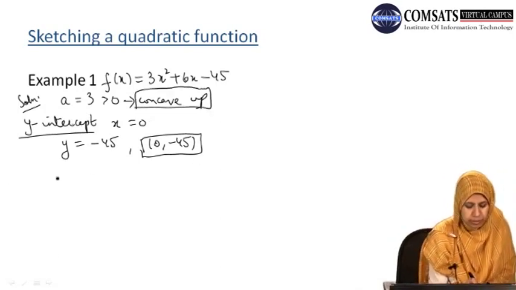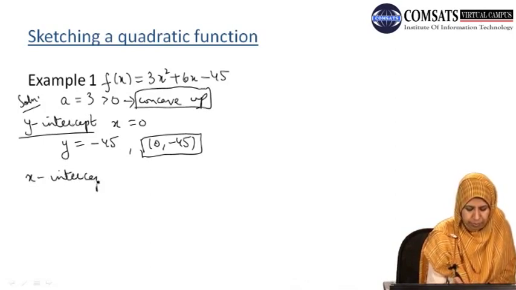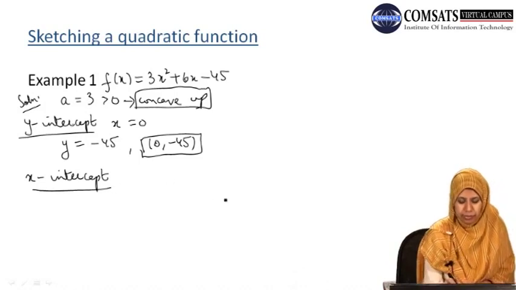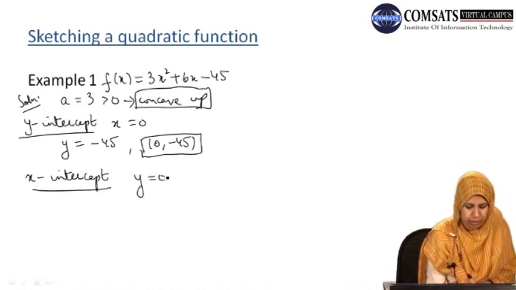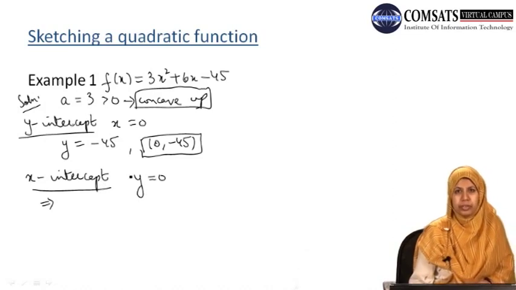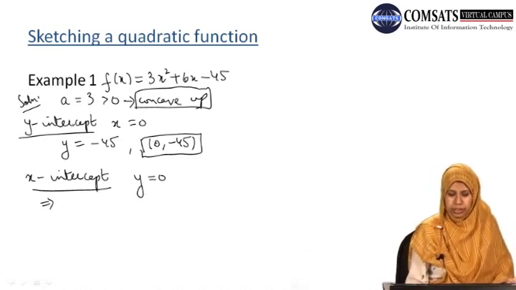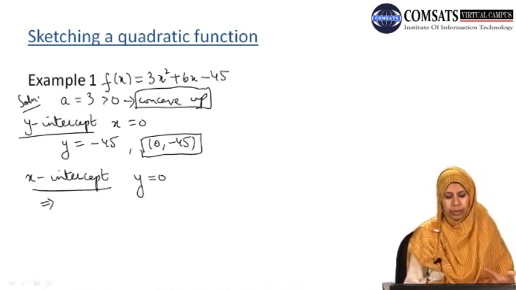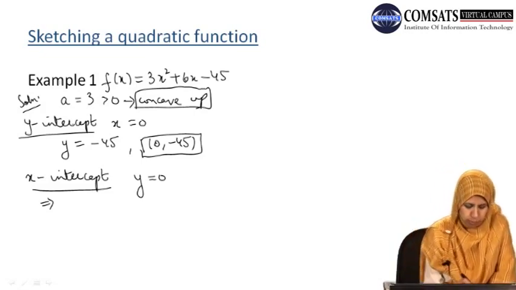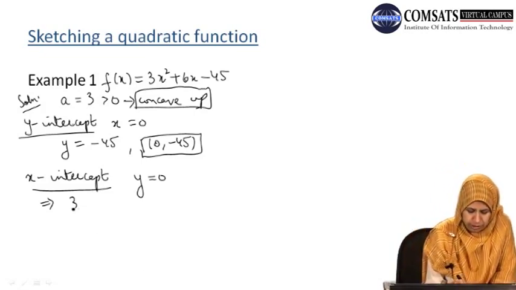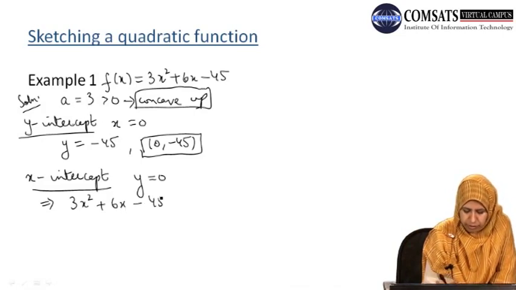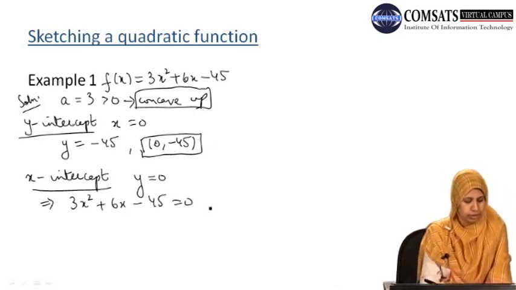And now the x-intercept. The x-intercept is where y equals 0, which means we have to solve our quadratic equation either by factorizing or by using the quadratic formula, which means that 3x square plus 6x minus 45 equals 0.